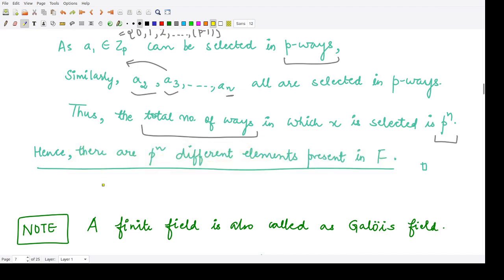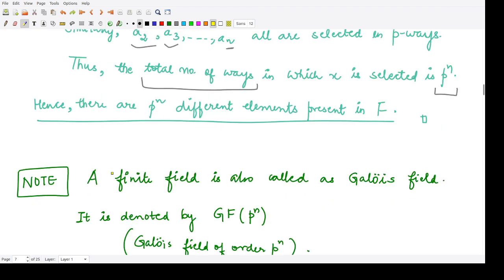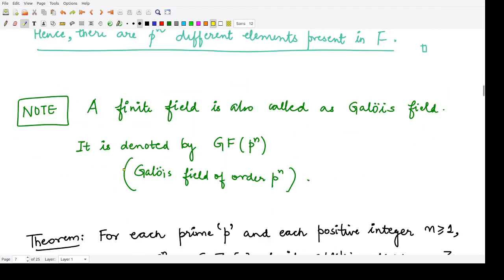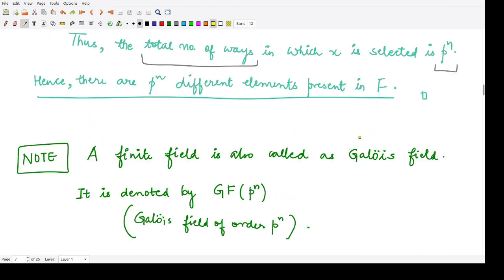Next thing you should note is that any finite field is also called a Galois field. Note here that we write this as Galois field, given by the mathematician Galois, but we pronounce this as Galois, right?